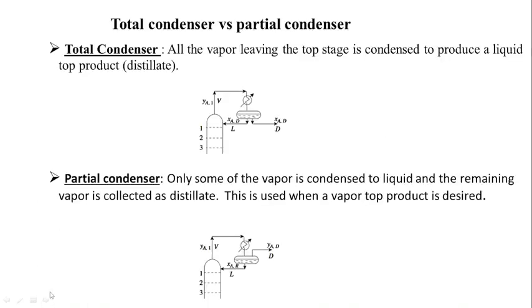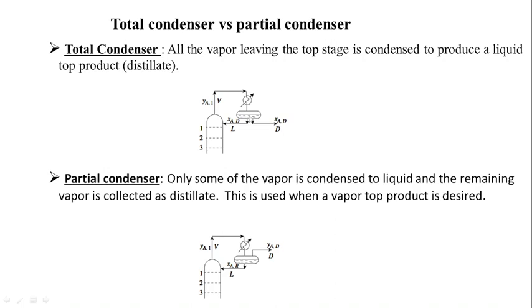Next, let's see what is meant by total condenser and partial condenser. In a total condenser, all the vapor leaving the top stage is condensed to produce a liquid top product called distillate. Here, all the product coming from the overhead of the tower is condensed and moved to the accumulator.